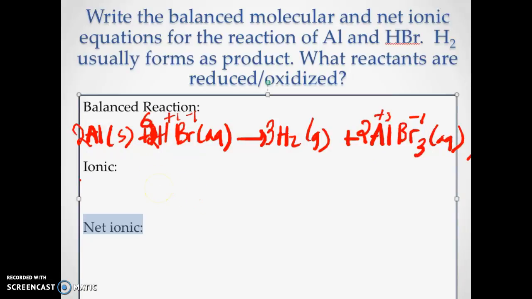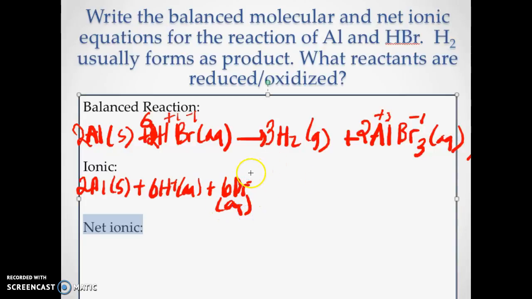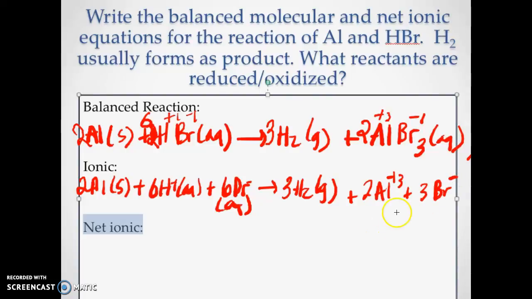Your ionic equation just means that it's going to be separated where it needs to be separated. Solid means no separation. Here it's aqueous, so it's going to separate. So you're going to have 6H plus aqueous plus 6Br negative aqueous. And then here you're going to form 3 hydrogen gas molecules, and you're going to have 2 aluminum and 3 bromines that form, this is aqueous, this is aqueous.